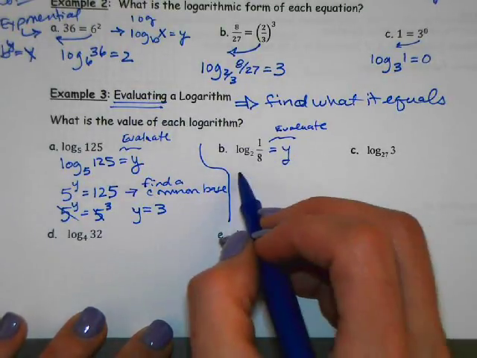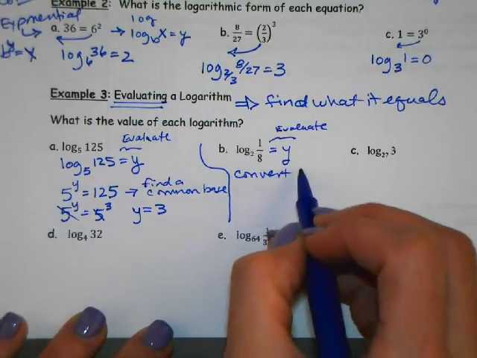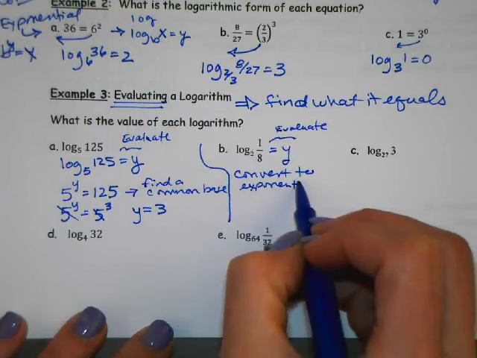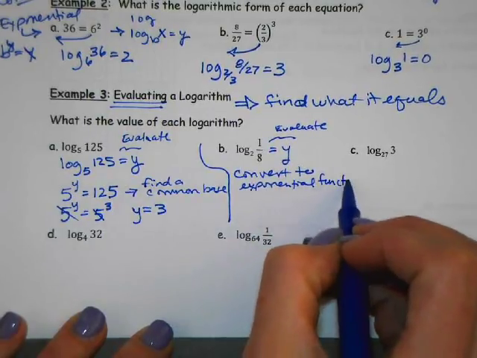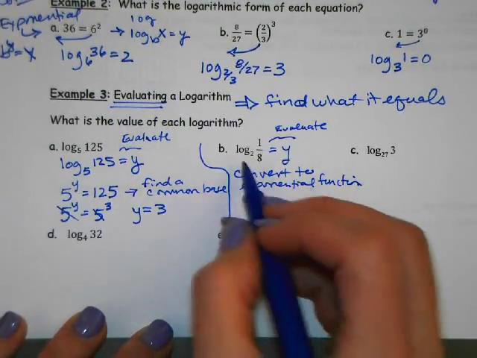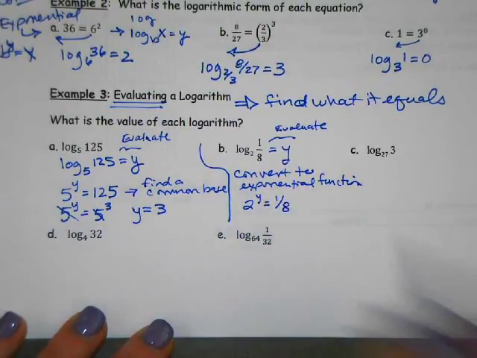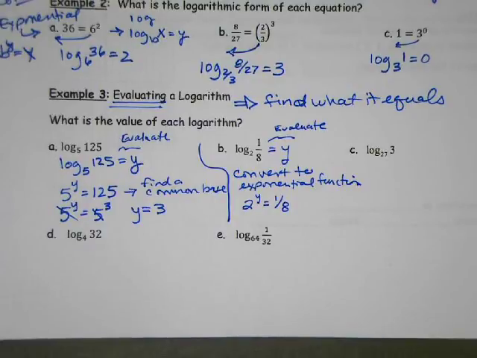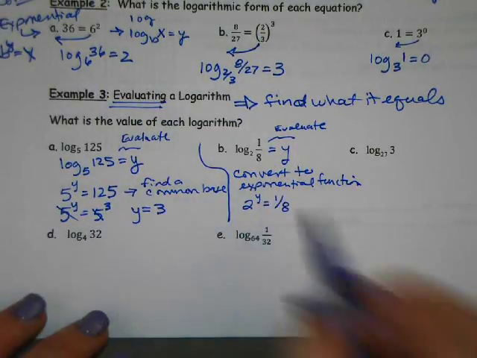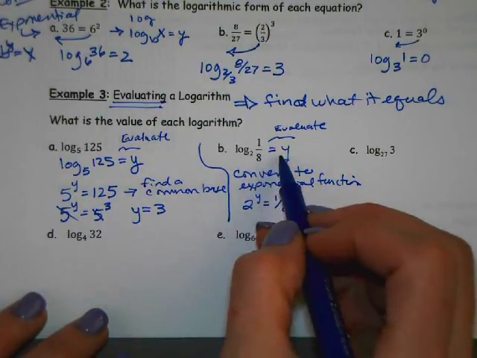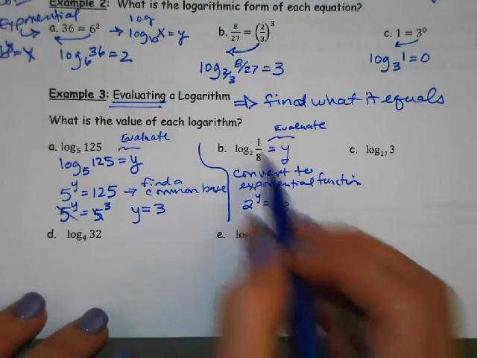Okay? So then once you have it like this, convert to exponential function, which means it's going to be 2 to the y equals 1/8. Okay, does everyone see how I went from there to there? Okay, so I did 2, put it underneath the y, so that's 2^y equals 1/8.